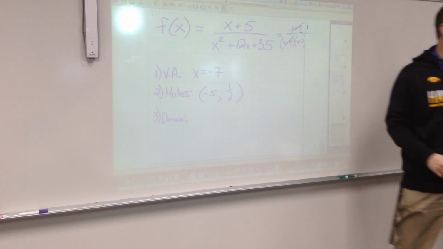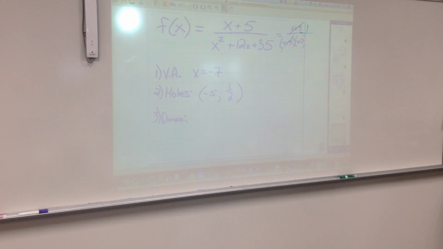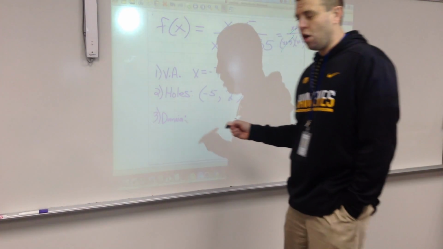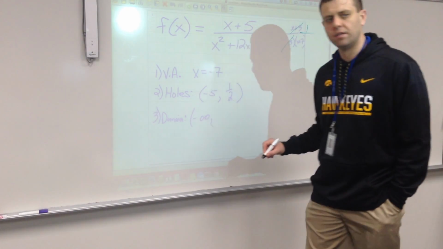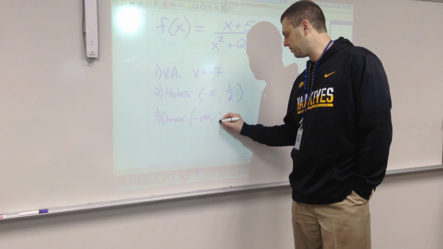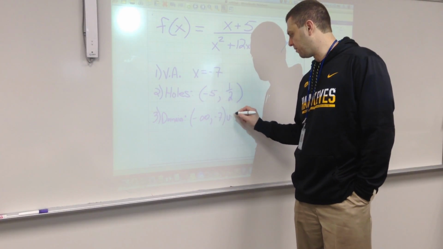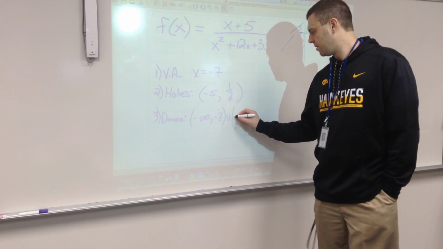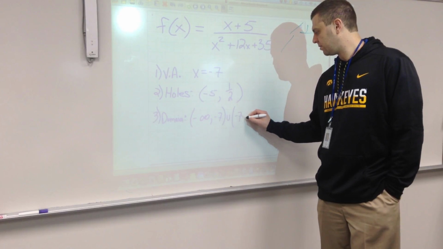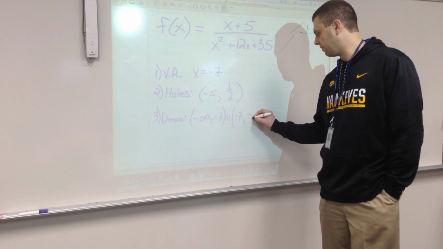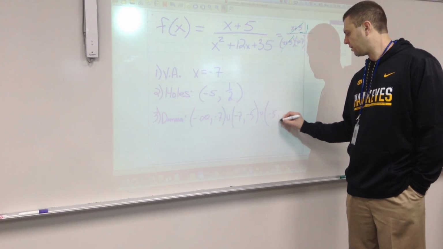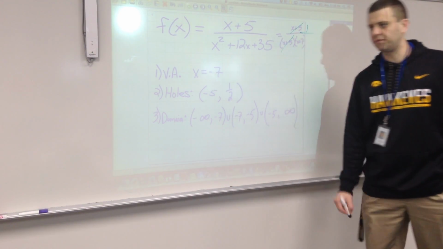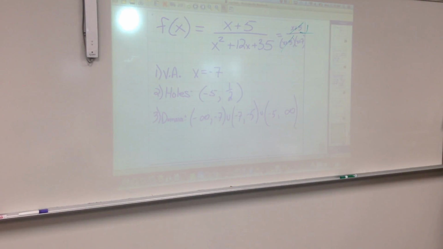If I try plugging in -7, I'm going to get undefined. But I can plug in any other number for x. So my domain will be every number from -infinity to -7, and then every number from -7 to -5, and then every number from -5 to positive infinity. Okay, so there is your domain.